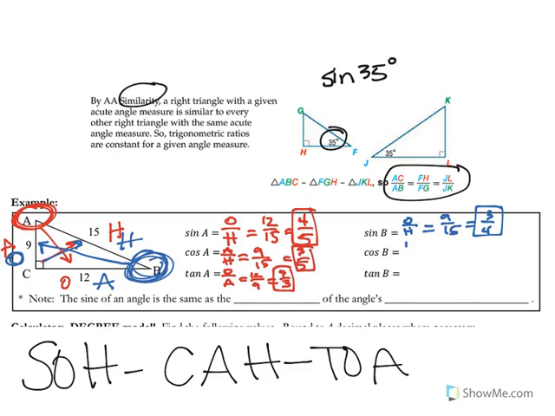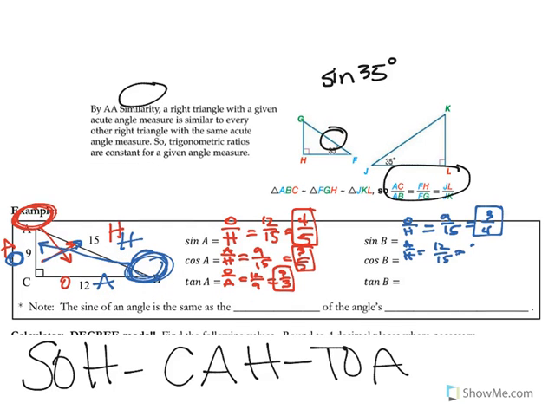Next, I'm doing cosine, which we know is A over H. A in this case is 12 over H, which is 15, and that simplifies down to 4 over 5. And then last, we have tangent, which is O over A. O over A is 9 over 12, and that simplifies down to 3 over 4.